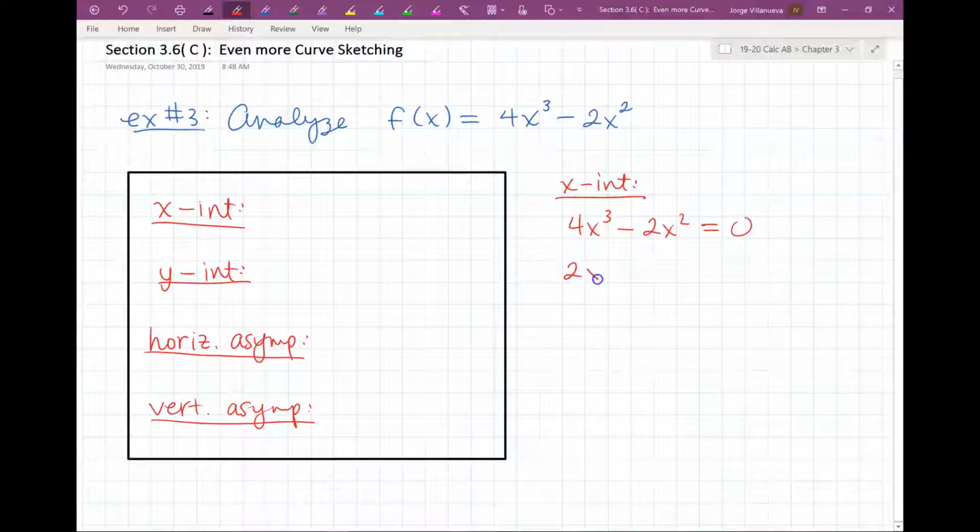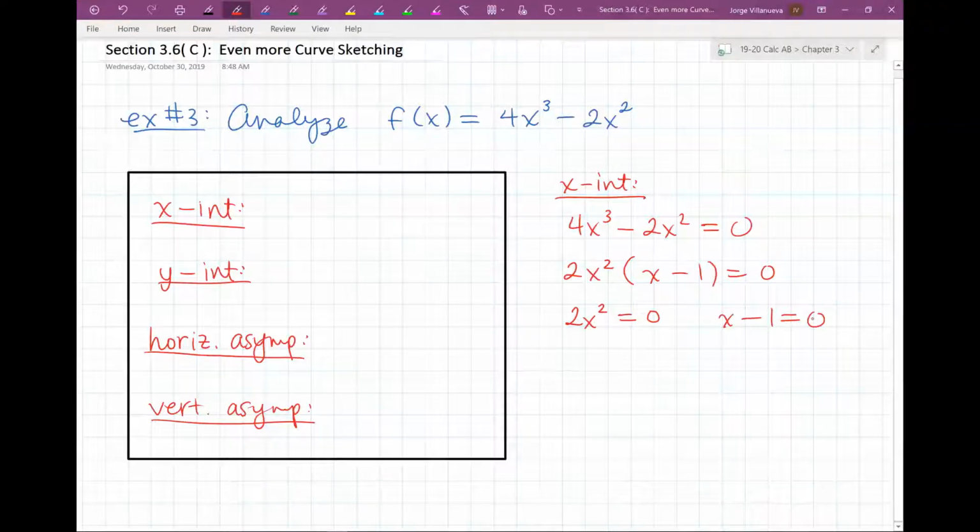So I'm going to factor out a 2x squared, and always factor, guys. Don't try solving it the way it is. You factor as much as you can. So this would be an x minus 1 equals 0. According to the zero product property from Algebra 1, we get 2x squared equals 0, x minus 1 equal to 0.